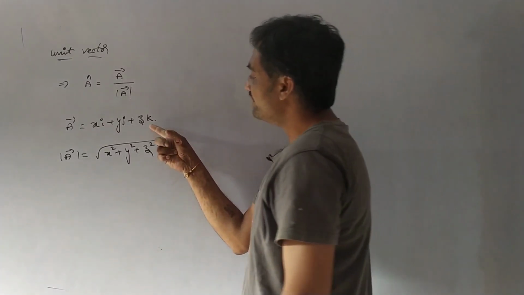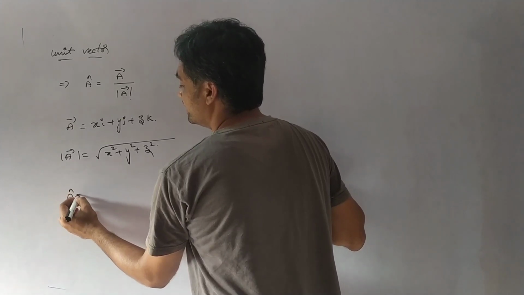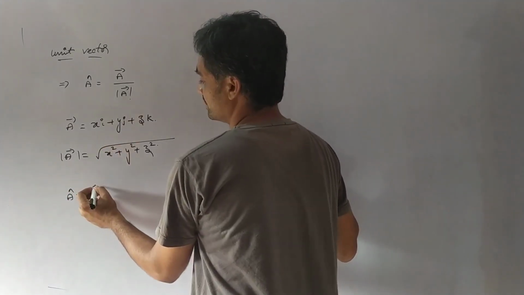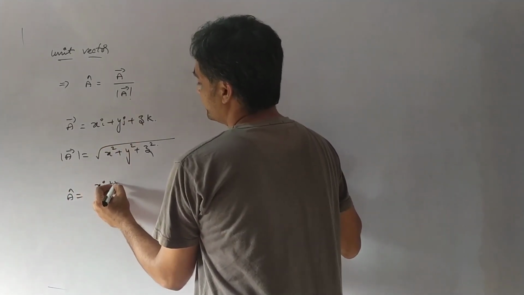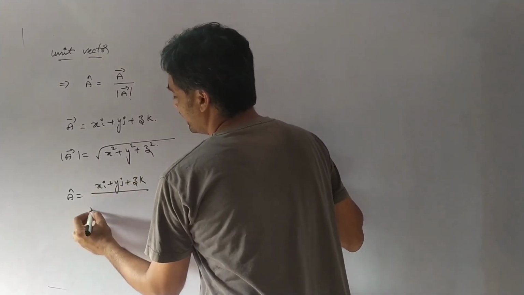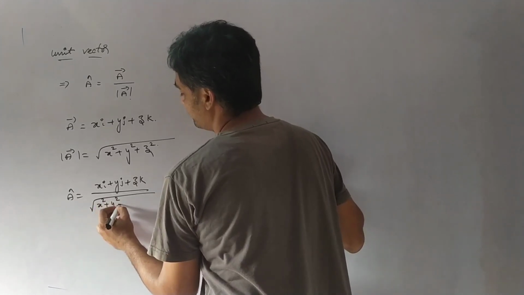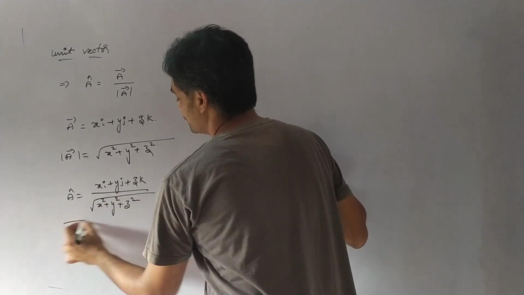So now if we divide this vector by this magnitude, we get the unit vector a cap equals xi plus yj plus zk by under root of x square plus y square plus z square.